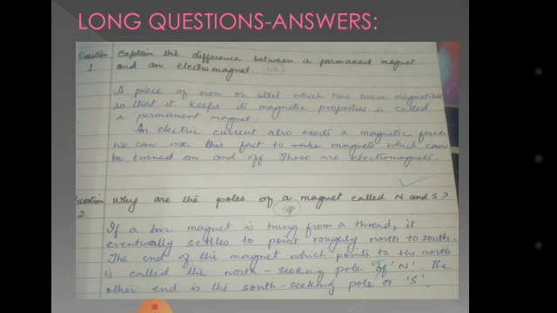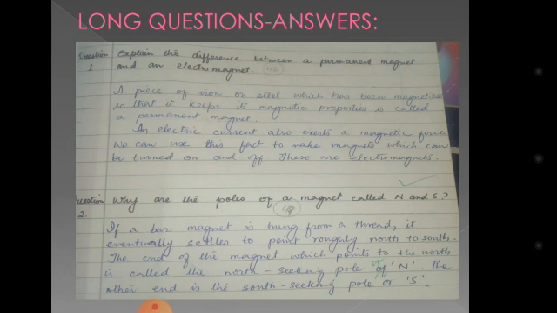Why are the poles of a magnet called N and S? N means North Pole and S means South Pole. If I hang a bar magnet from a thread, it eventually settles to a point roughly north and south.